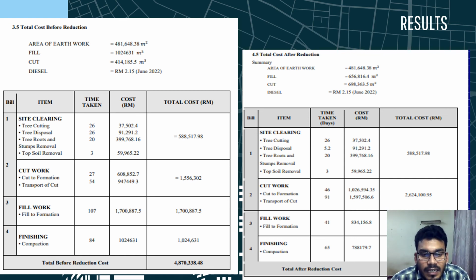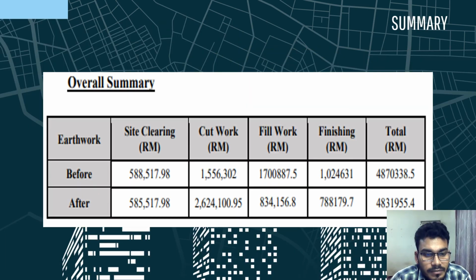The second example is the total cost after reduction, and in the same way we get the total cost after reduction as shown here. In summary, for earthwork, the site clearance, cut work, fill work, finishing work, and total cost are determined, with the before total cost and the after total cost shown here.